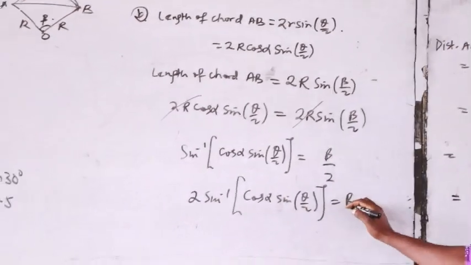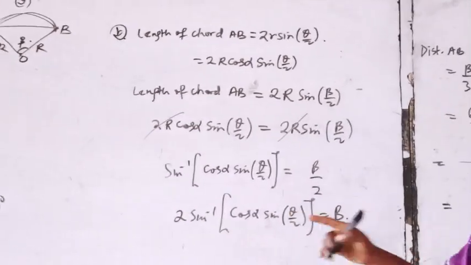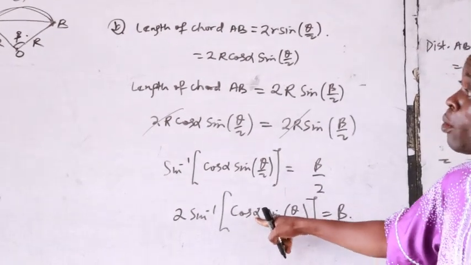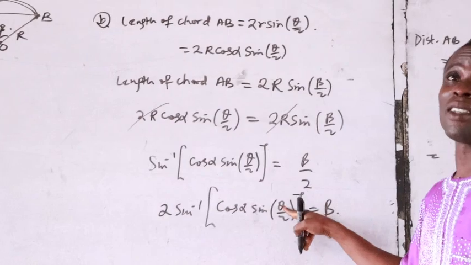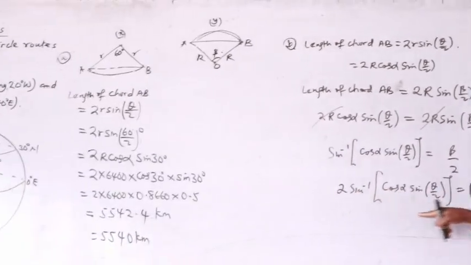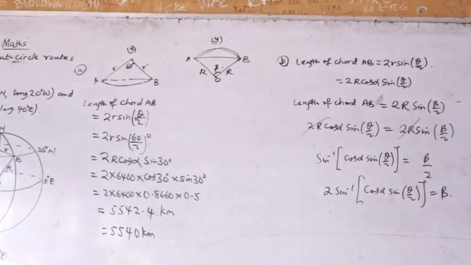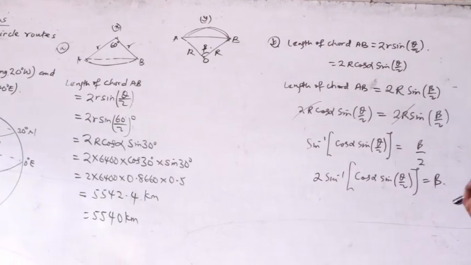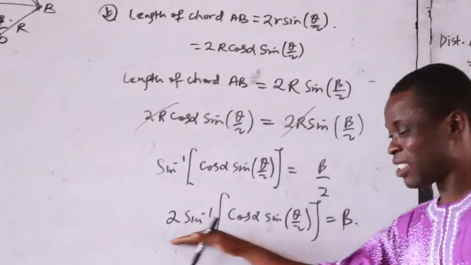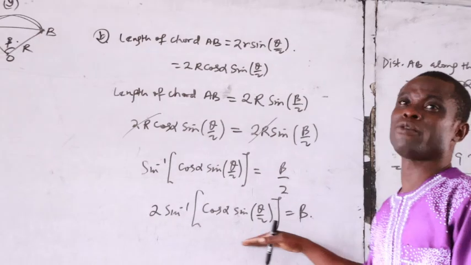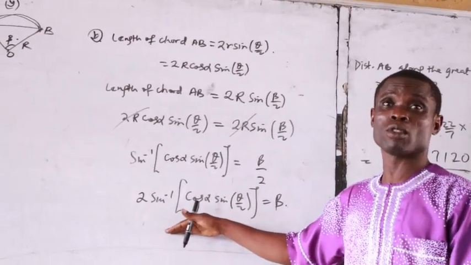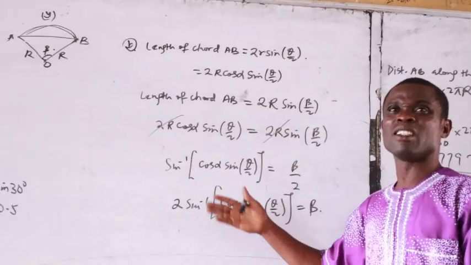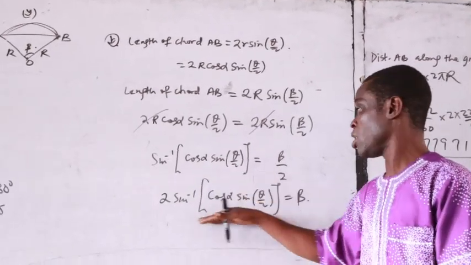So this beta now is this thing. I already know that alpha is 30 and theta is 60. By the time you solve this, it will give you that beta we are looking for. So this is the formula. If you check a textbook, you will see this formula there. But I advise you not to cram the formula. We have many formulas in mathematics, so don't trouble yourself by cramming it. You can easily derive it.